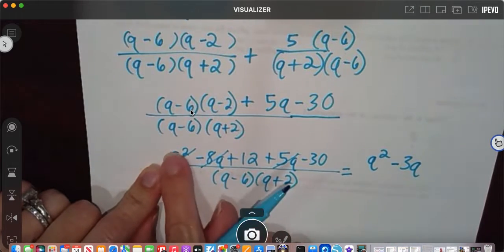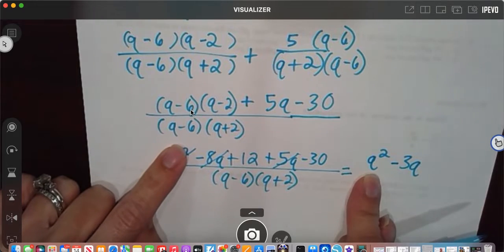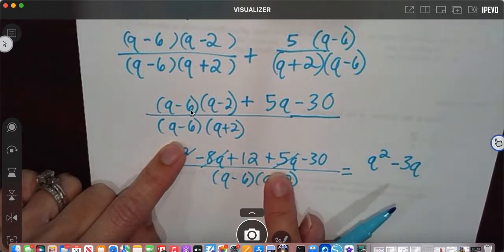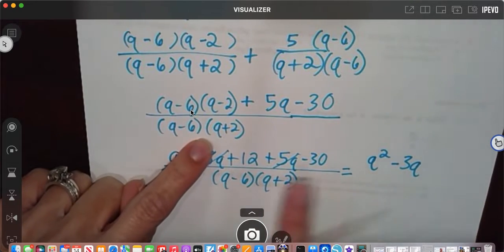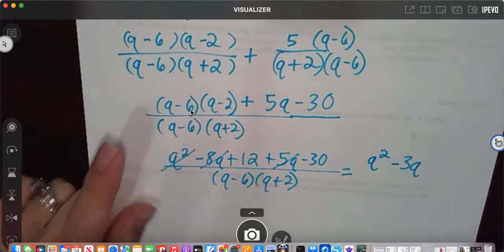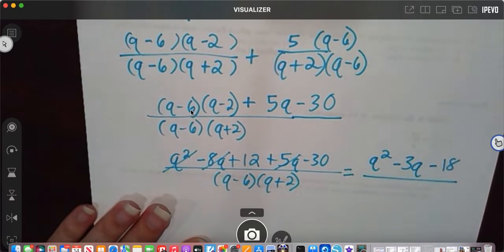Okay, so I don't have any other q squared, so I brought that one over. Now I'm looking at my q's. I have a negative 8 plus 5. So that's negative 3q. And I'm just crossing them out as I go. And then 12 minus 30 is what? Minus 18. Are we good with that?